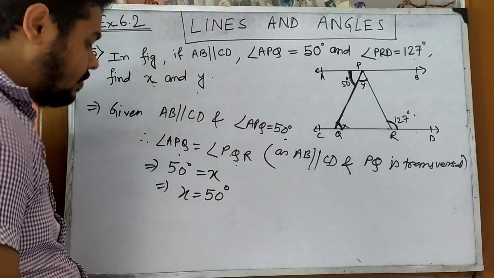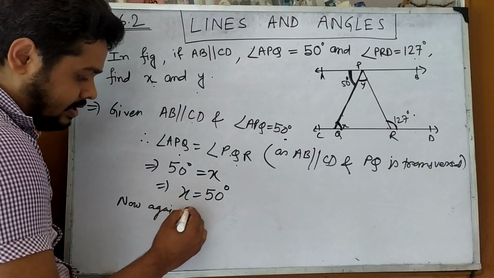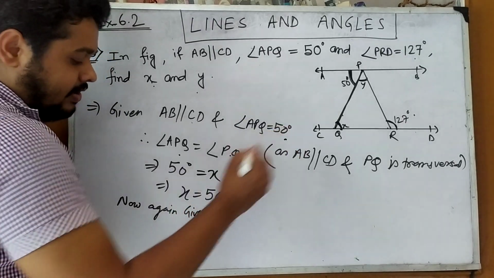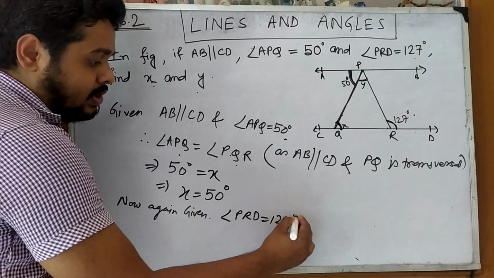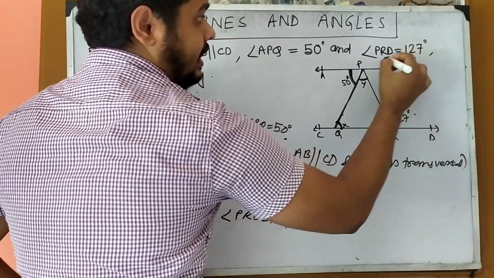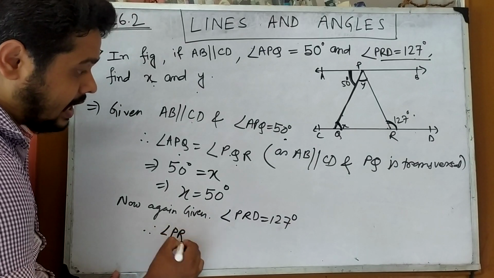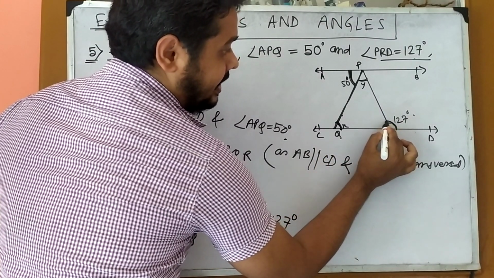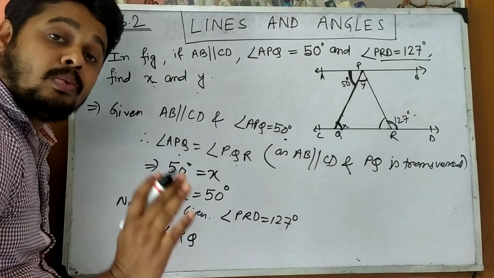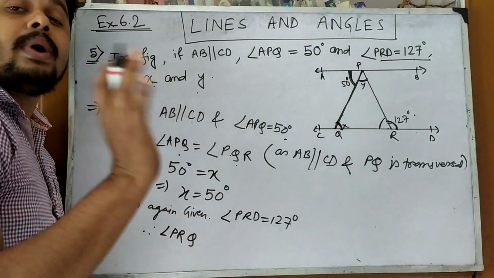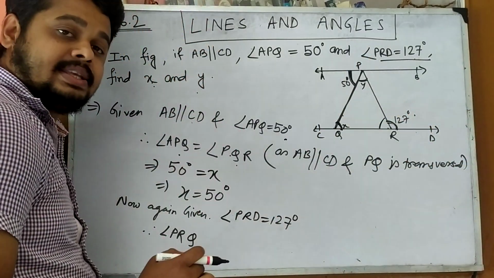Okay. Now again, given angle PRD equals 127 degrees. Therefore, angle PRQ will be 180 minus 127. Why? Because PR is standing on the line CD.